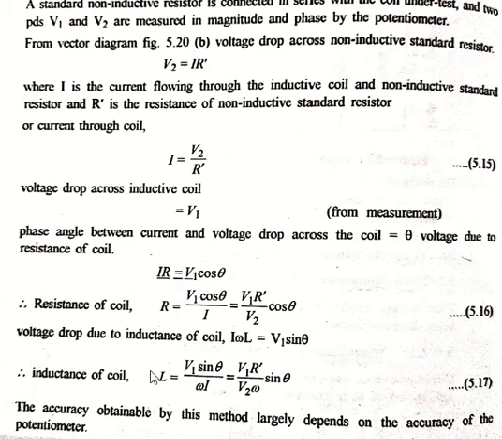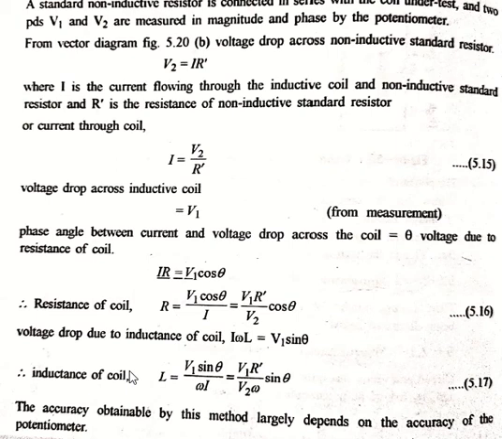The accuracy obtainable by this method largely depends upon the accuracy of the potentiometer, because we have to find two potential differences using it. If there is an error in any one of them, it will carry over to the error in the inductance of the coil.